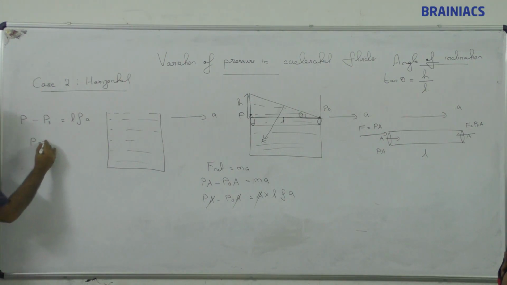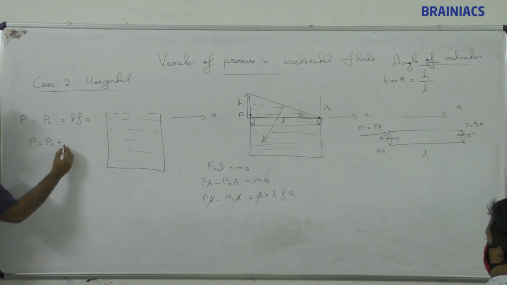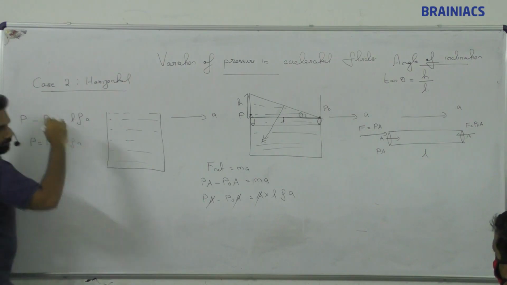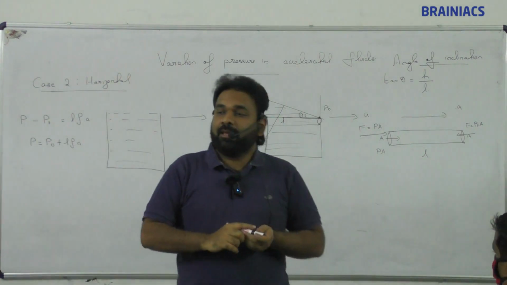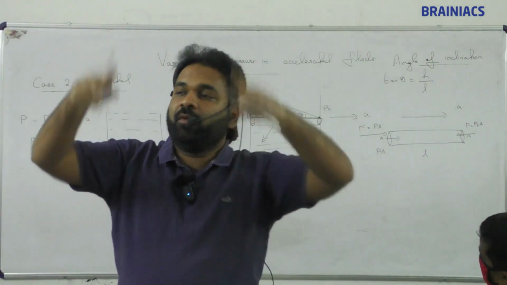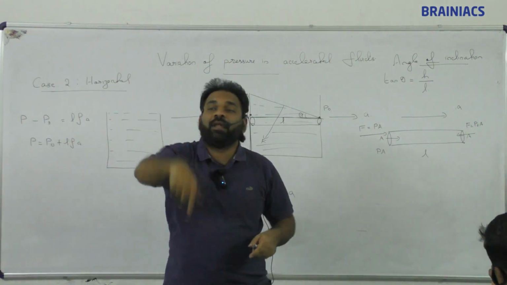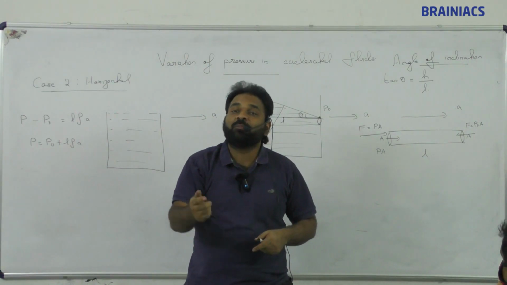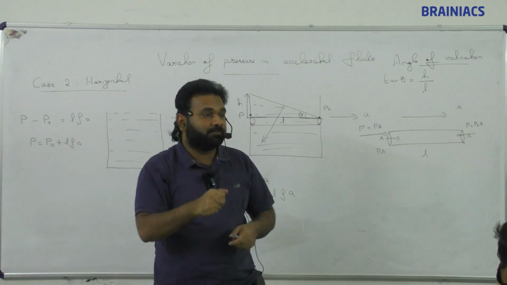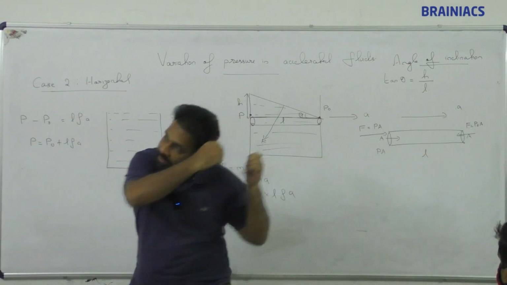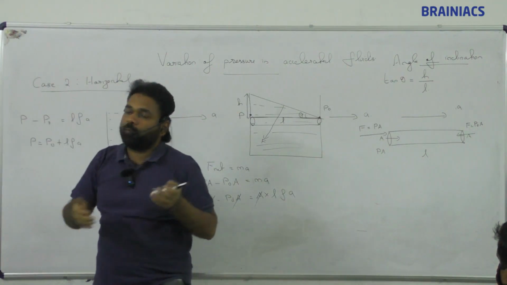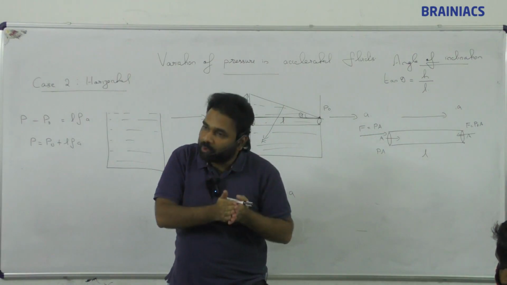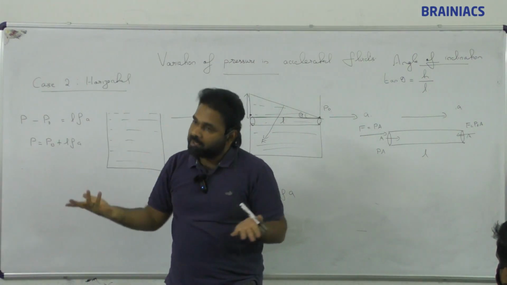So P is equal to P naught plus L rho a. Previously, in the vertical column, acceleration due to gravity was towards the ground, so P was P naught plus H rho g. Now this time acceleration is towards that direction, so P is equal to P naught plus L rho a.